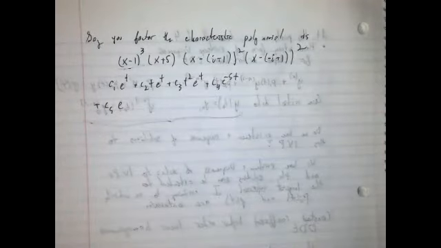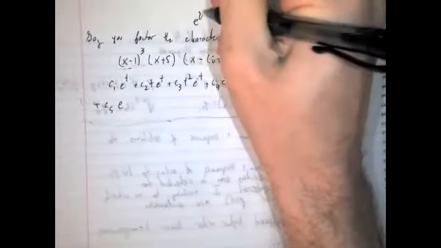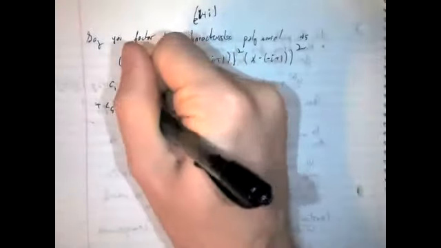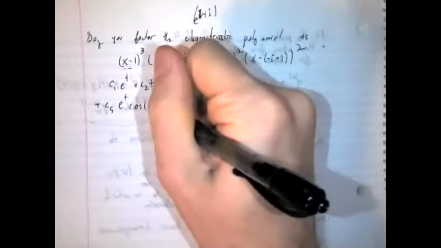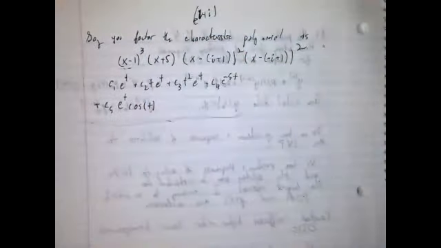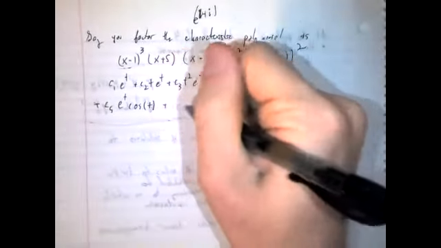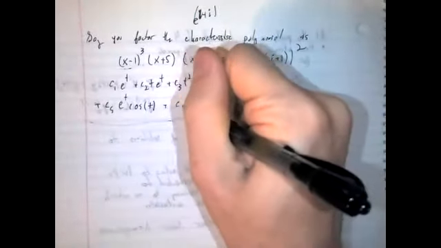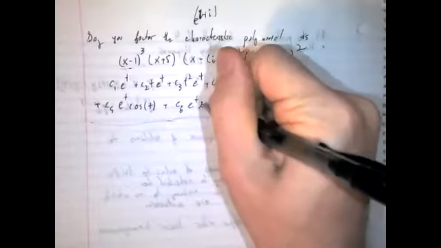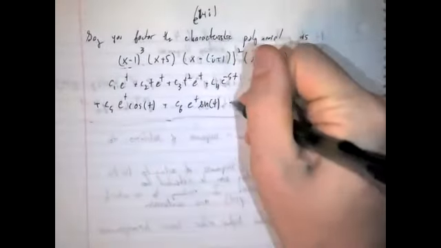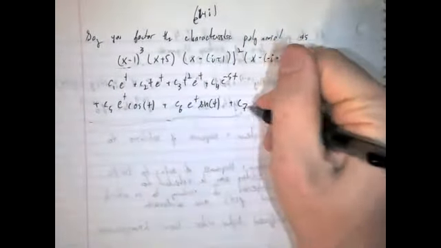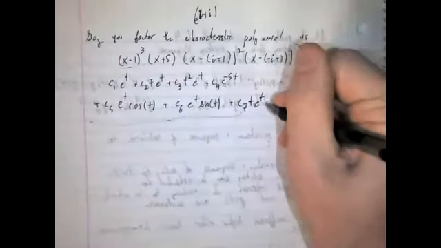So let me think about this for just a second. The root that we're going to have is e to the (1 plus i) times t. Yeah, so e to the t cosine of t, you said? Yeah. Uh-huh. Plus C6 e to the t sine of t plus C7 t e to the t cosine of t.